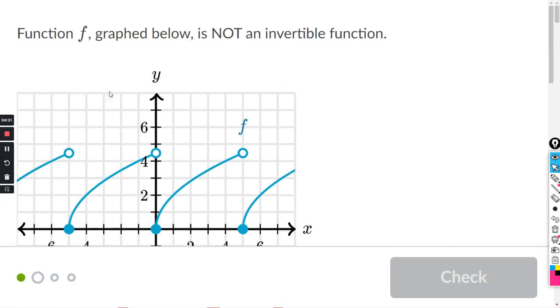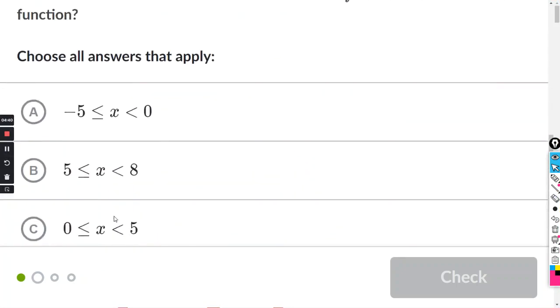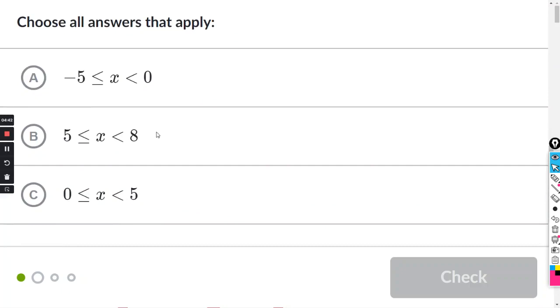Again, we have a function that is not invertible, and they want us to restrict the domain to make it an invertible function. Choose all answers that would make it invertible. First we go from x equals negative 5 to 0, but not including 0. See, there's no bar under the inequality symbol.